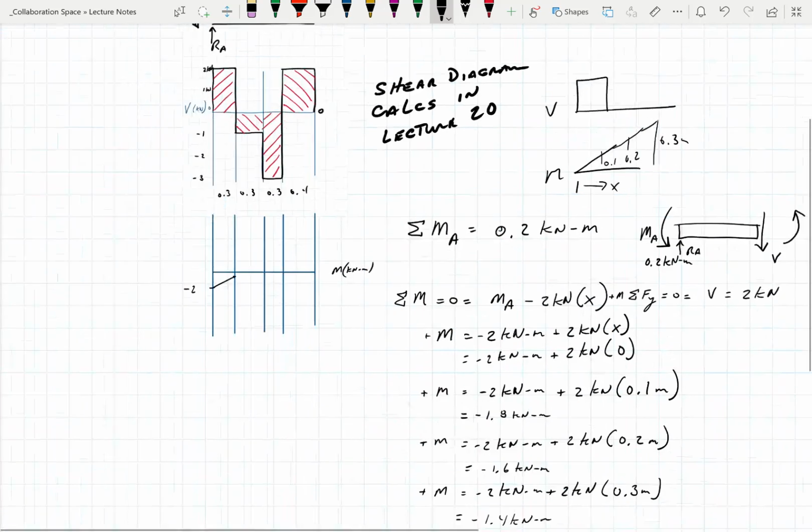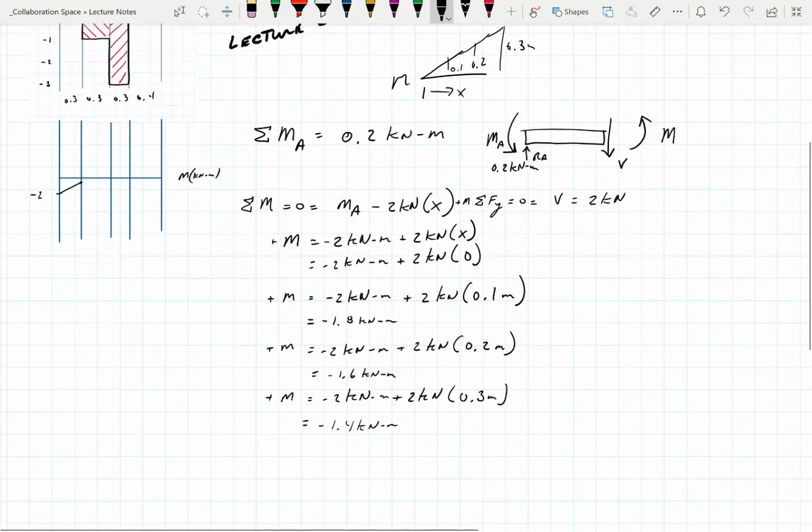So it goes back to this. So we got the moment at A plus the shear at A, which was the reaction. Okay, so actually maybe I'll put that in as the R. So that makes more sense.